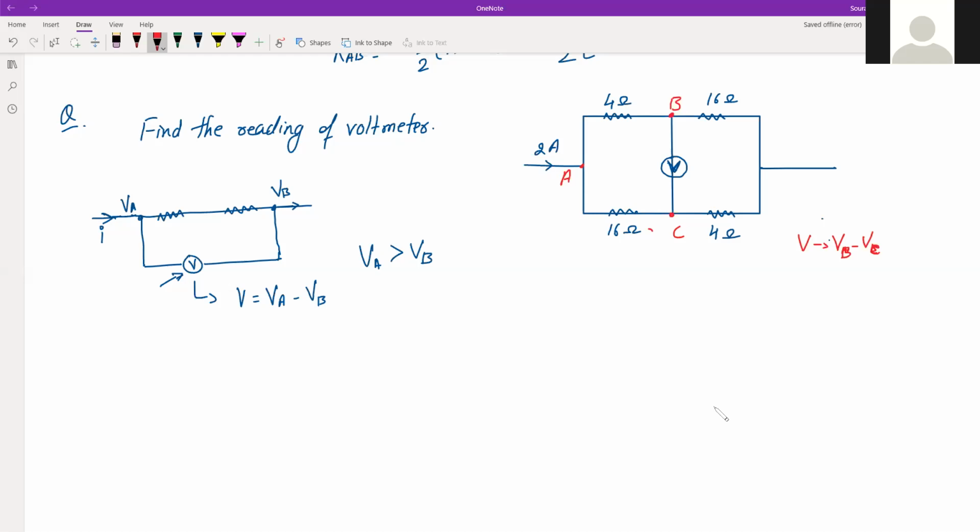Right? Okay, now if we see this, it is again a symmetrical circuit. The things which we have discussed earlier, it is a symmetrical circuit. There is 4 and 4 diagonally opposite, 16 and 16 diagonally opposite. So it is symmetrical, but not exactly the way we have seen earlier, where there has to be a line of symmetry.